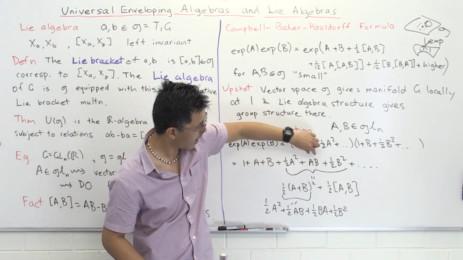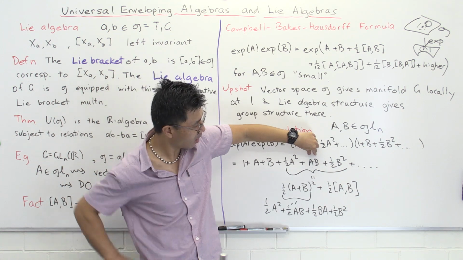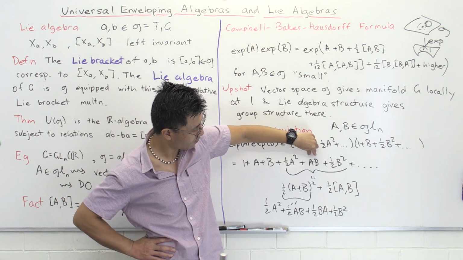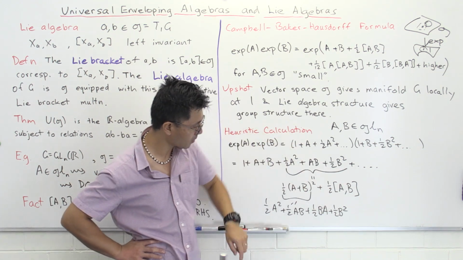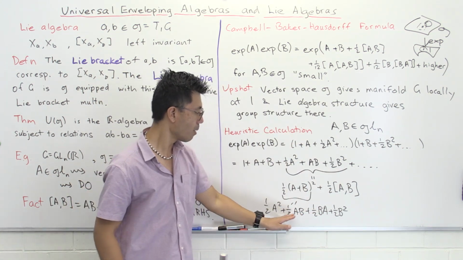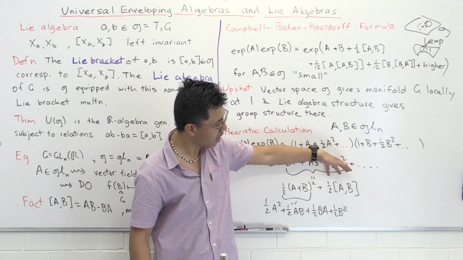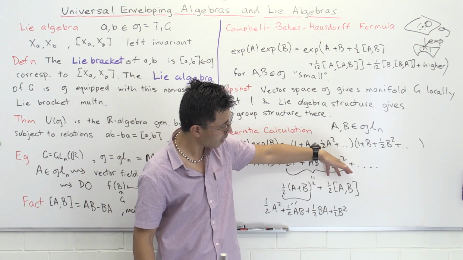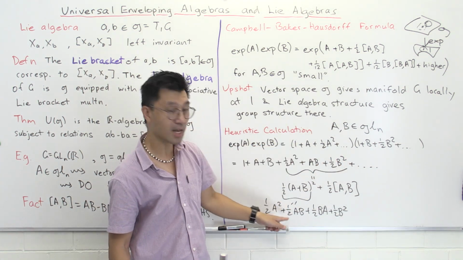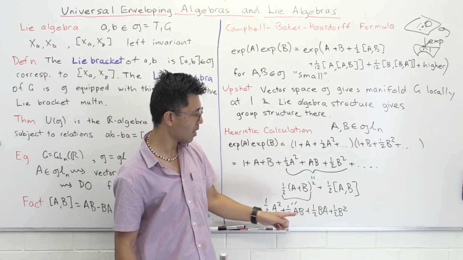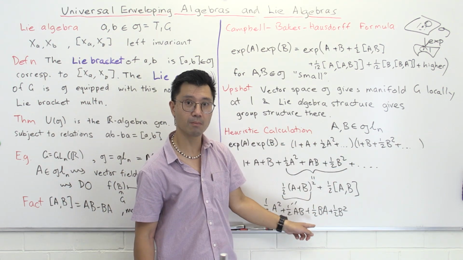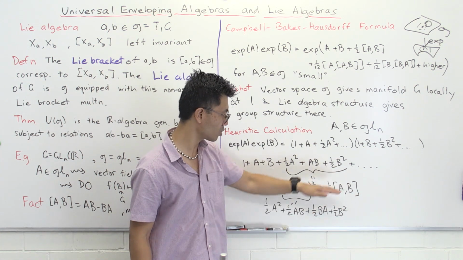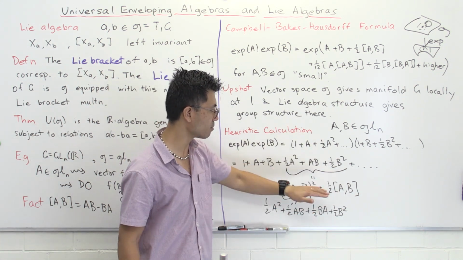So you don't get an ab, as if they commuted. If a and b commute, then you'll get an ab because you can add these two terms together, but they don't. But what happens is that if you throw in half the commutator, you'll get plus half ab, which adds to this half ab here to give you your ab, and you have a minus half ba, which cancels off this other term. So that's why these two terms are the same.